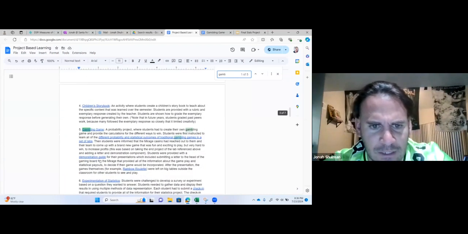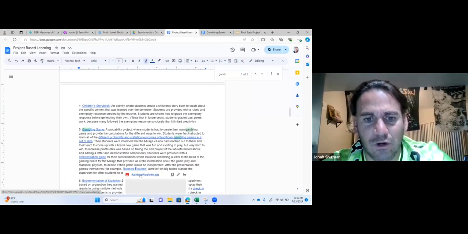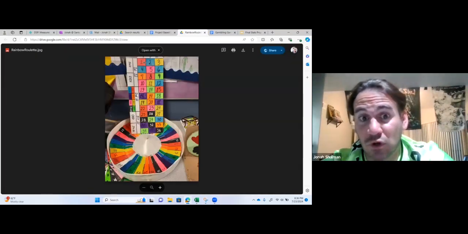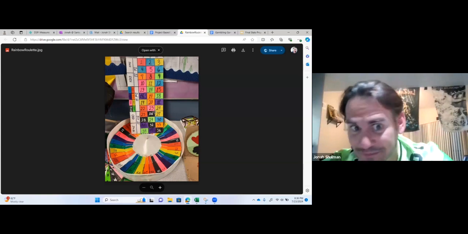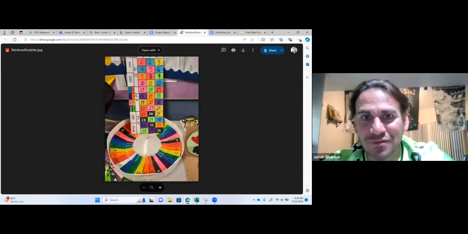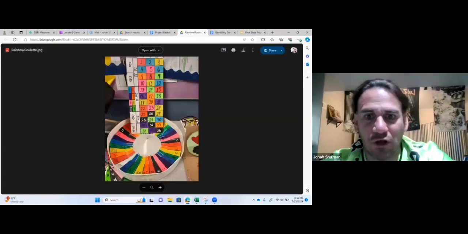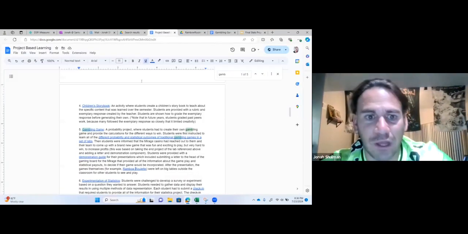Here it is. And here are some pictures of one person's game. This girl did a really good job. She made a roulette, but it's harder to win because there are more colors, which is kind of cool. I just thought this one was good, so I took a picture of it. And notice how they're all outside my classroom so other people can play.